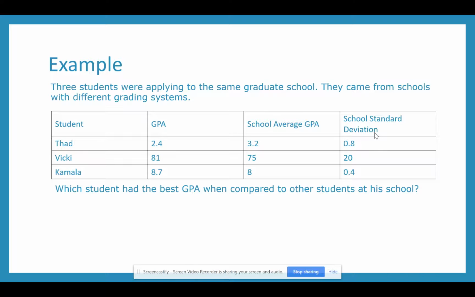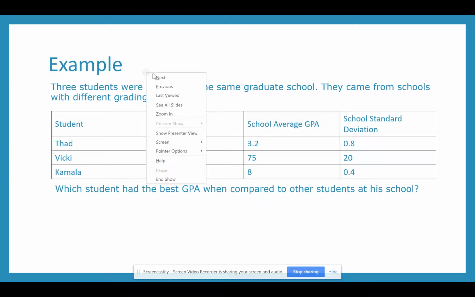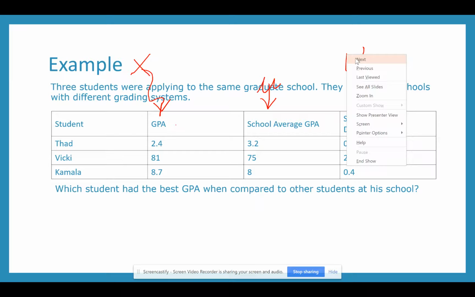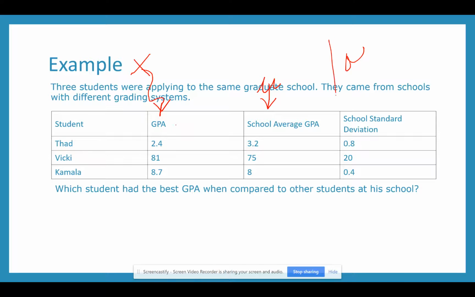If you think about this in terms of which one is X, which one is the mean, and which one is the standard deviation, the GPA is your X. The school average is your mean, and the standard deviation, which is sigma, is the other value.